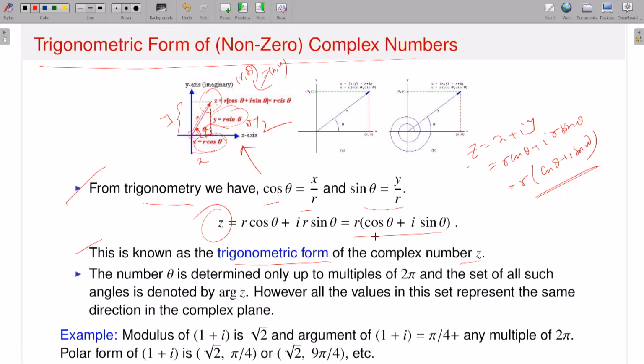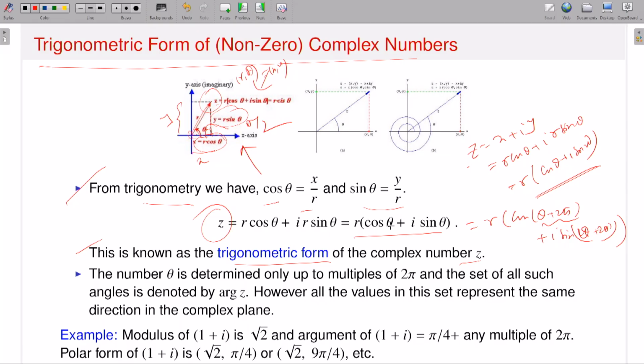Okay, perfectly all right. But I know that the cosine function and sine function are periodic functions. So the same point I can say is the same as r of cosine of theta plus 2 pi plus i sine of theta plus 2 pi. That will also give the same value, right? Because sine and cosine are 2 pi periodic functions. So you can ask, which theta should I take?